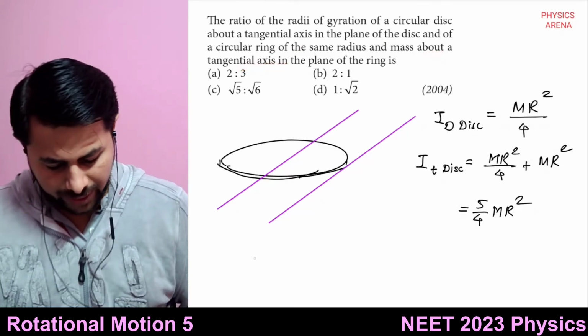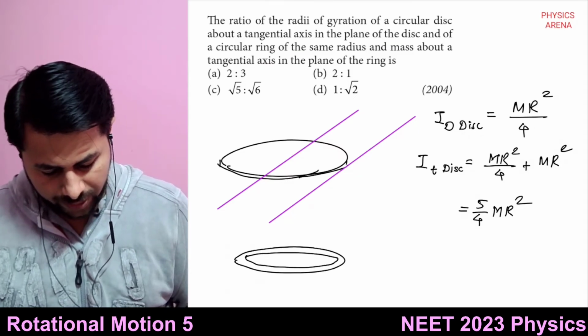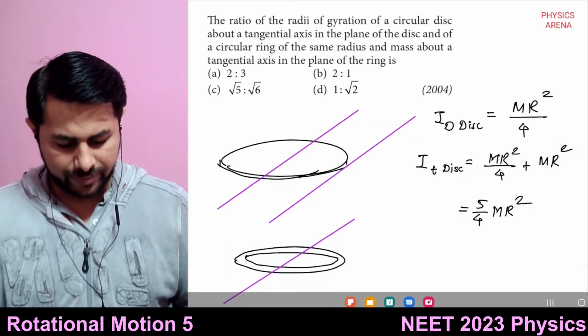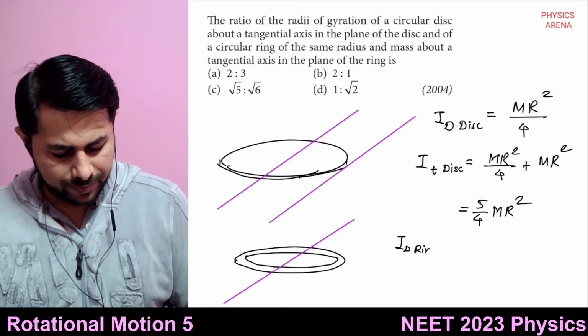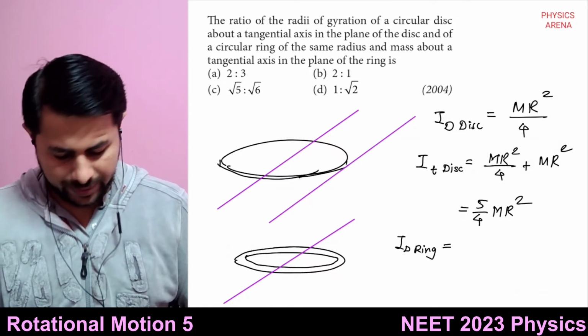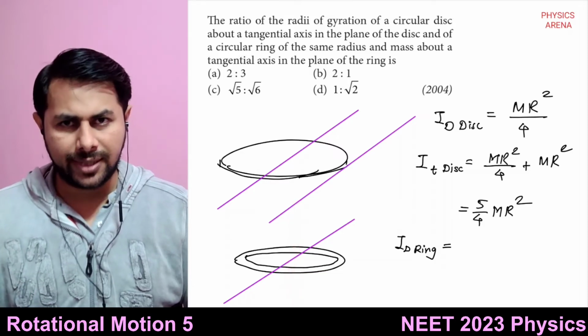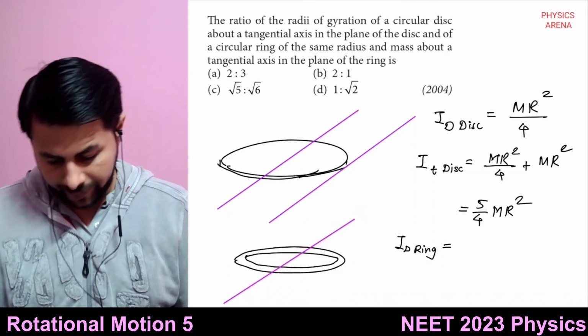So for a circular ring, that was disk, this is ring. So for a ring, we know this, okay, id for a ring, how much is that? So about this axis, its moment of inertia is mr square. About this axis, it will be mr square divided by 2.